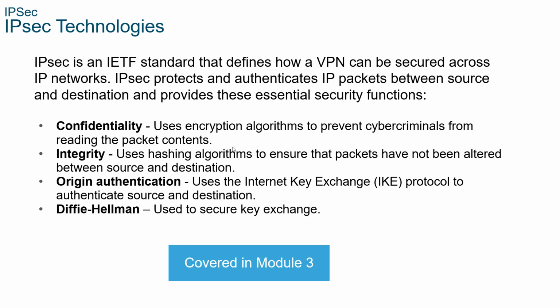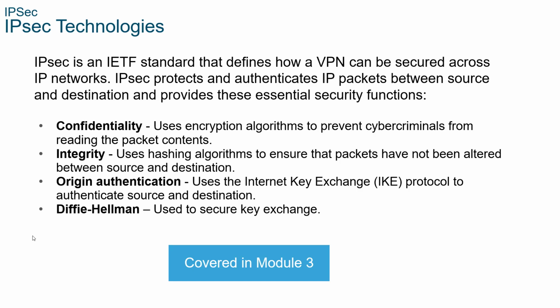Now, these security functions should look familiar because they are a review from Module 3. So, confidentiality: it's using encryption algorithms to prevent cyber criminals from reading the packet contents, right? So, looking at the packet and its data.